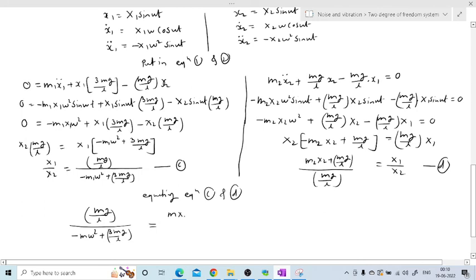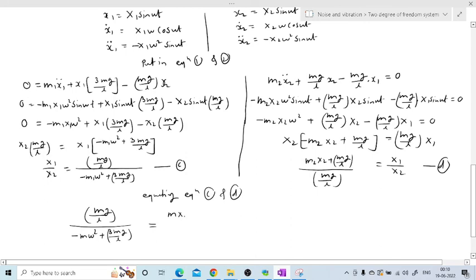See, x2 I have taken common here, so here it is omega square. So I made one mistake here, it is omega square.